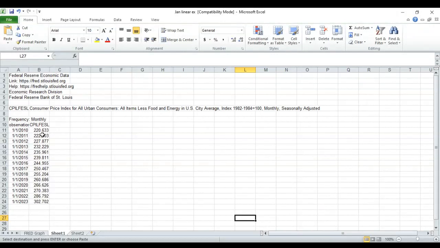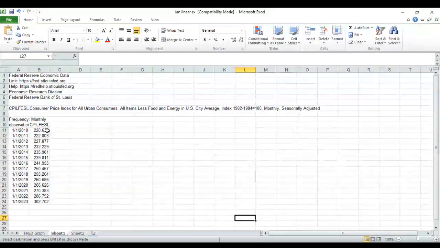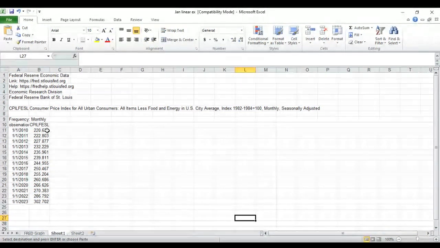So this is the consumer price index, and the consumer price index is the measure of average change over time of the prices paid for consumer goods. They're talking about things like shelter, and it says all items less food and energy. So we're counting shelter and clothes and things like that.